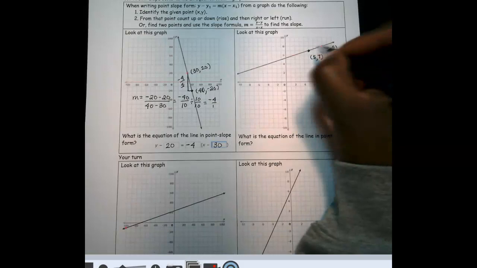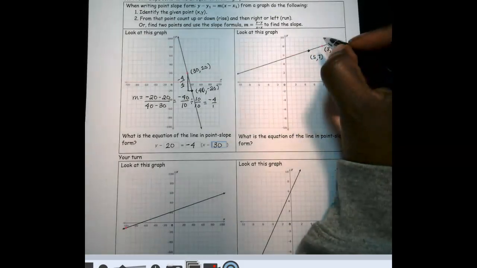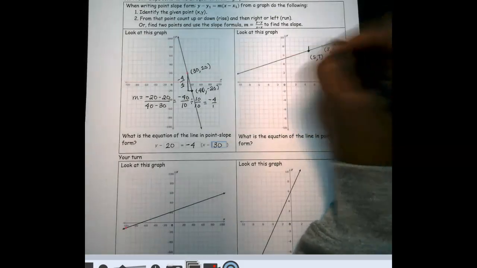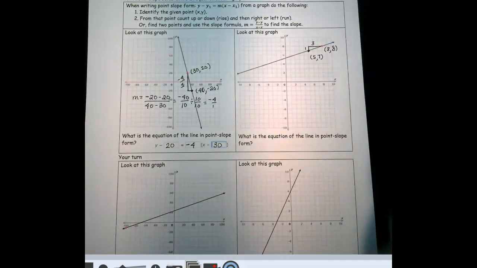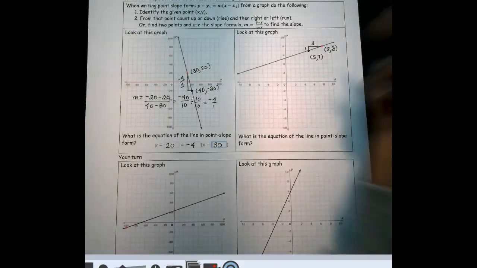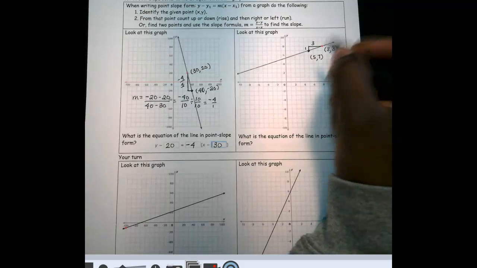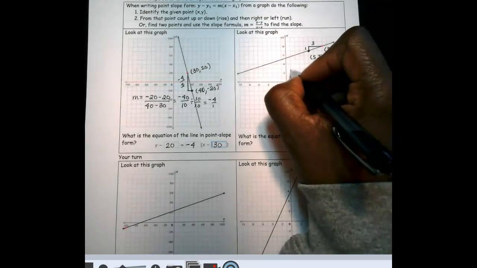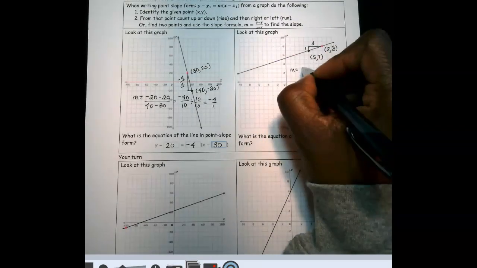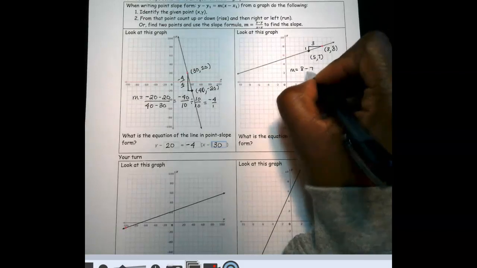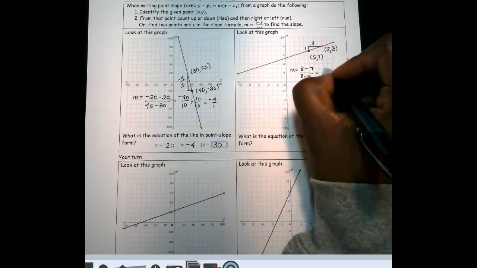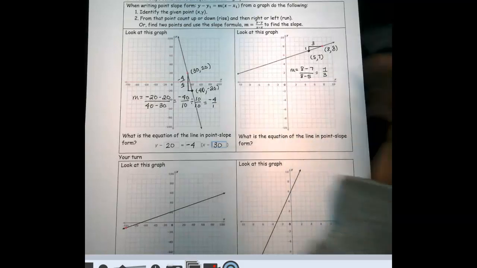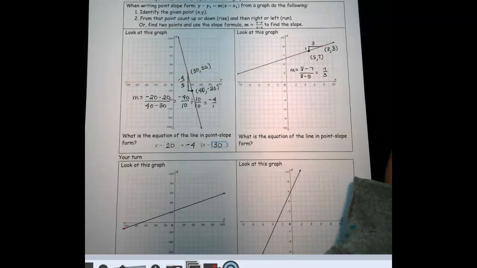So if I use the counting method, I'm going to go up 1 and 3 to the right. So that would mean my slope would be 1/3. Let's go ahead and check using the slope formula. 8 minus 7 over 8 minus 5. That gives me 1 over 3, which is exactly what I said it would be.